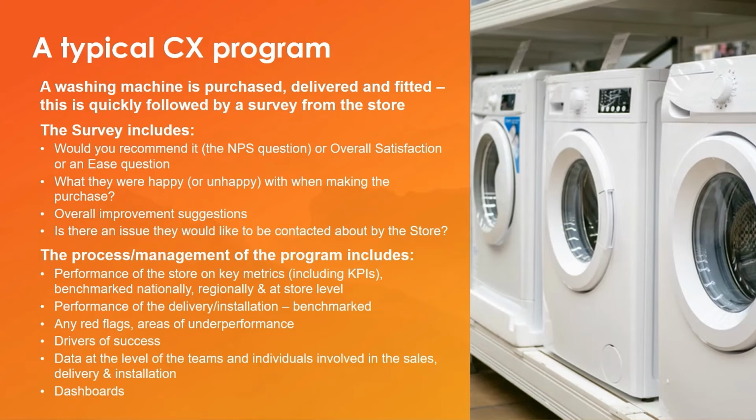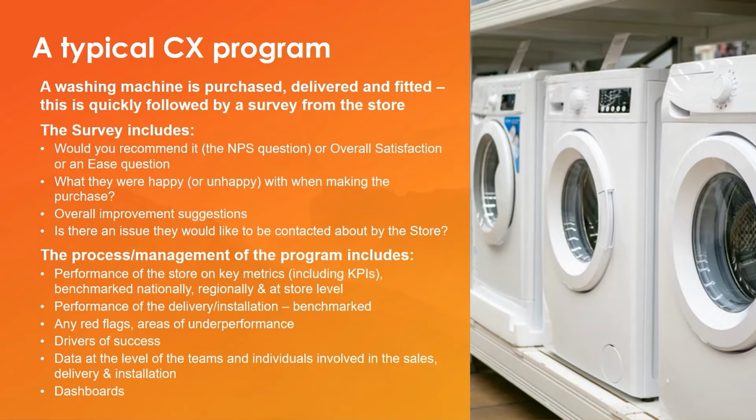The process management of the program will include, first of all, creating some key metrics, so the key performance indicators, for example, for the store, and we're going to benchmark those nationally, we're going to benchmark those regionally, and we're going to benchmark them at the store level. So is this store getting better or getting worse? We're going to look at the performance of the delivery installation, benchmarked again nationally, regionally at the store level.